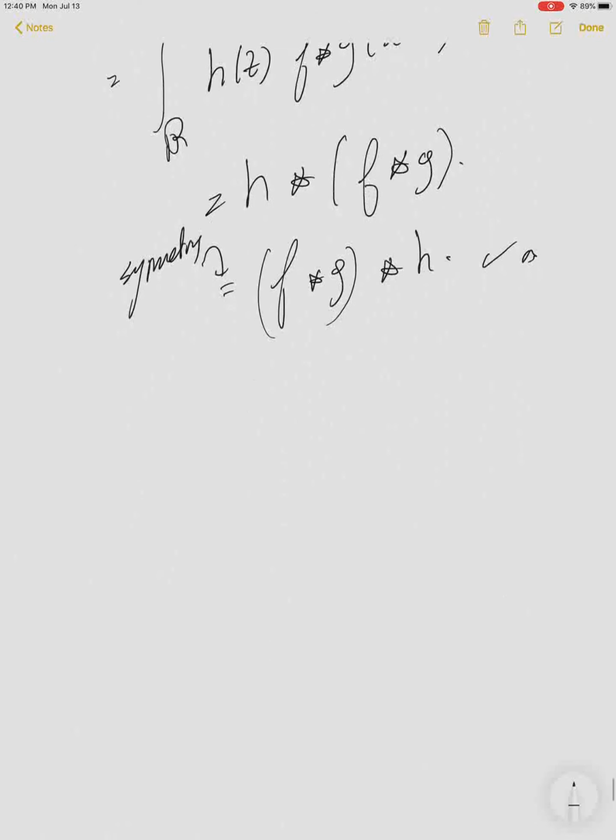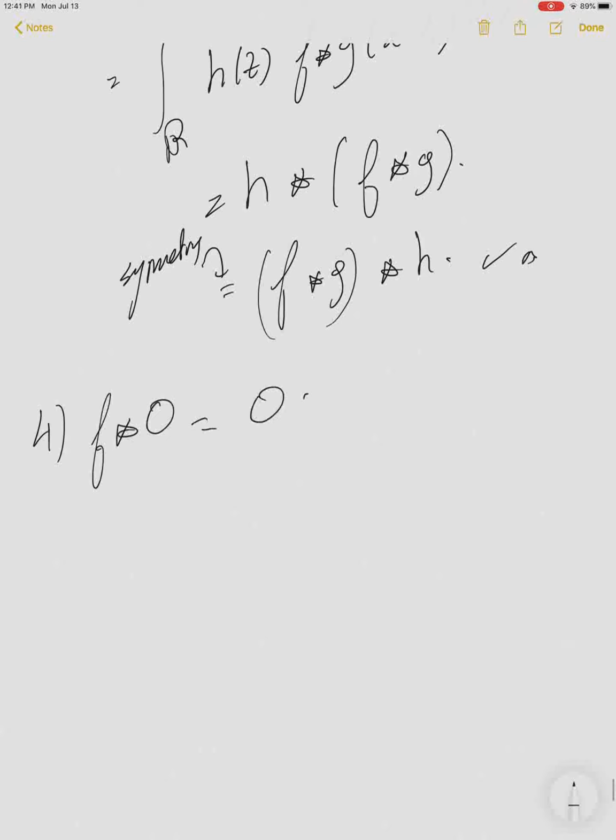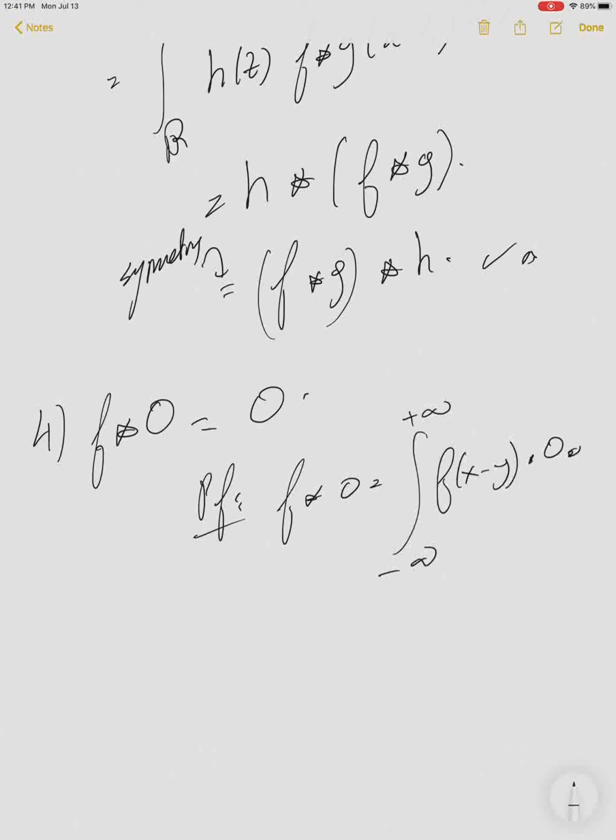Okay, this is proved. For the first property, f convolved with 0 is equal to 0. Well, this proof is trivial. f convolved with 0 is the integral from minus infinity to plus infinity of f of x minus y times g of y, which is 0, dy, and this is equal to 0.